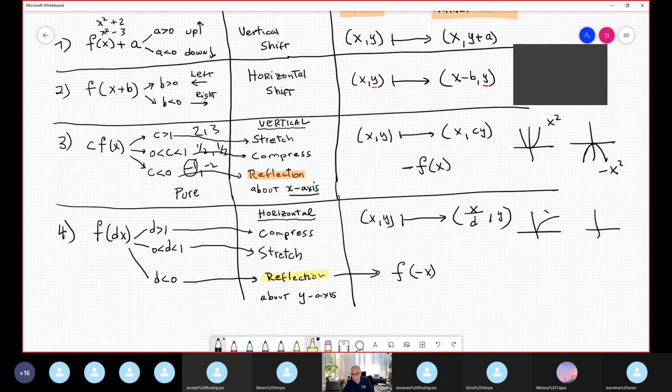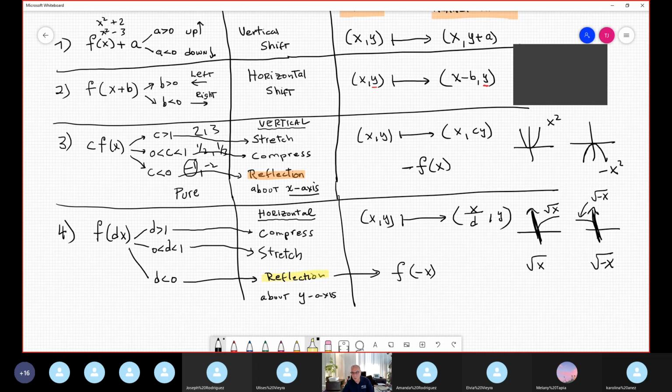They look like that. This is a square root function. So in the square root function, you change x for negative x, like that. My function looks like that. This is the graph of the square root of negative x. This is a reflection with respect to the y-axis.